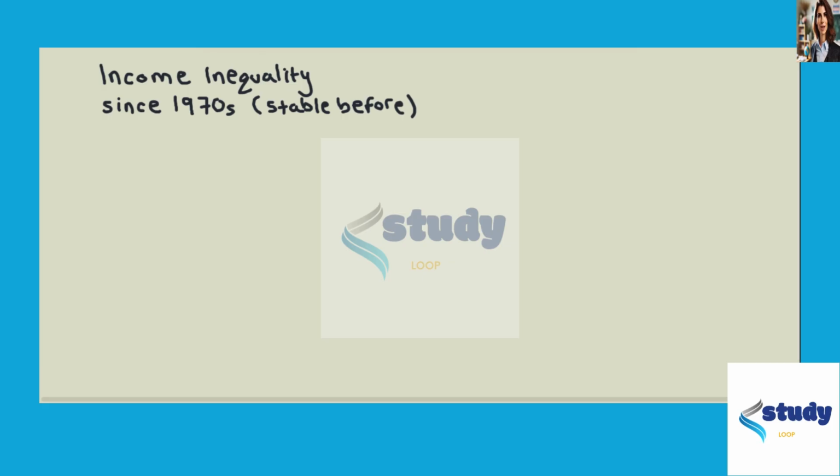And so, since we want to discuss income inequality and how it's changed, we're interested in how we calculate it. To do this, we look at quintiles of earnings.